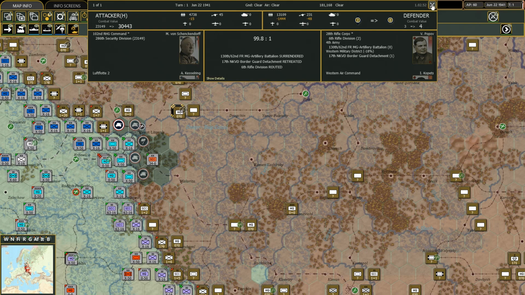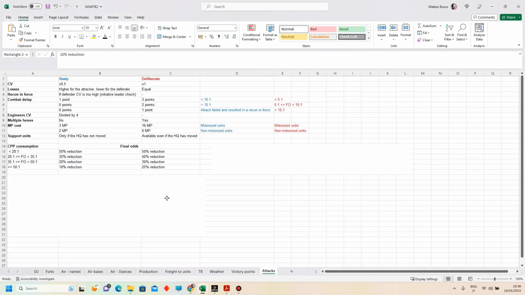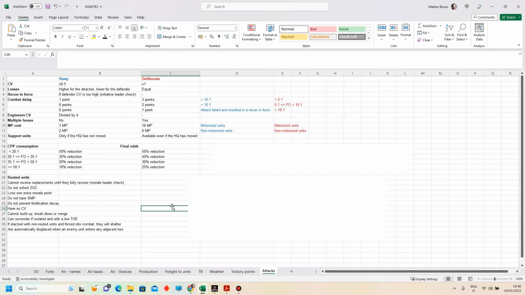And I have compiled again here in the magic Excel sheet all the information that I think is important to understand how routed units work. They do not receive replacements until they are recovered in the next logistics phase. They do not exert zones of control.